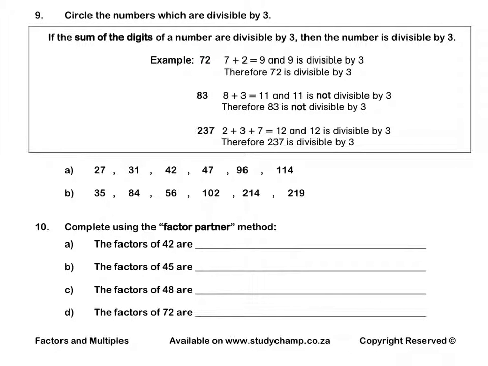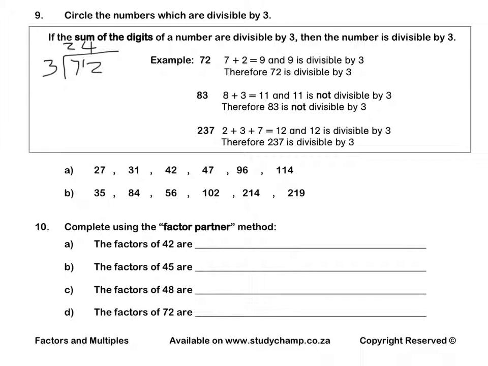Let's check. 7 plus 2 is 9, and 9 is divisible by 3. Therefore, 72 is divisible by 3. Let's check on the side. 3 fits into 7 twice, remainder once, and 3 fits into 12 4 times. There we see that 72 is perfectly divisible by 3.